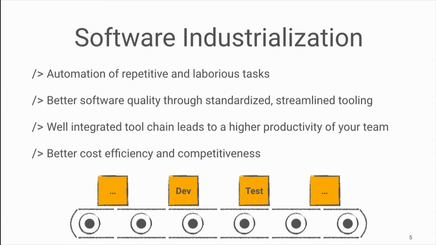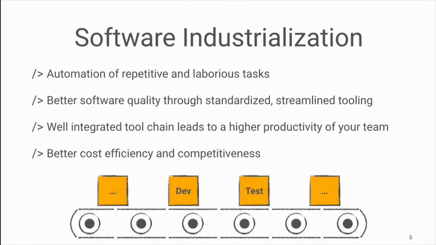What we think of as software industrialization, I don't know if this is a common term. We have this term in our company, and software industrialization is not about cheap labor and offshoring development work. I would say that is software slavery. Software industrialization is about automation in the end. It's about making you more productive.